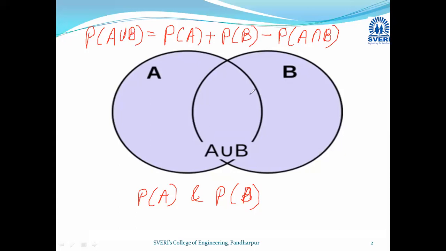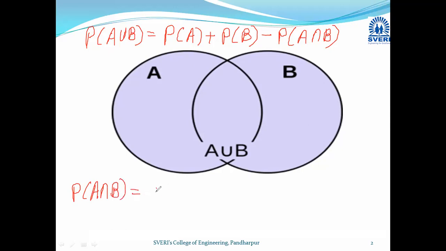Next, if A and B are mutually exhaustive events, then probability of A intersection B is equal to probability of A into probability of B. And if A and B are mutually exclusive events, then probability of A intersection B is equal to 0.